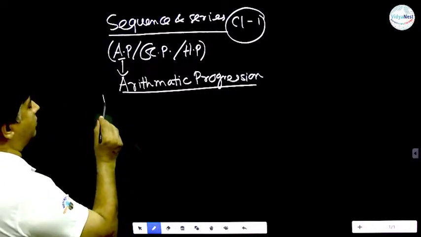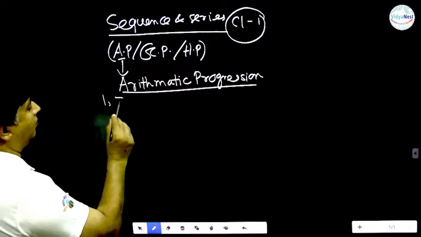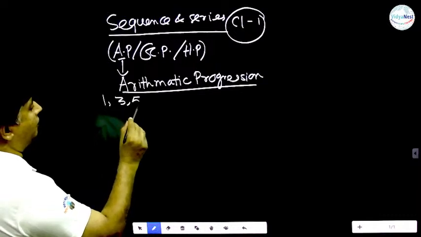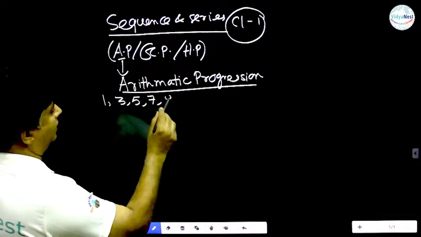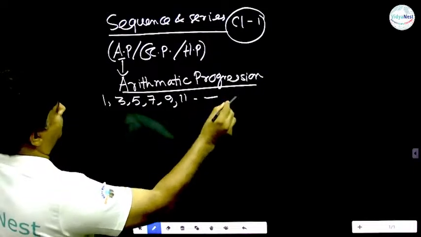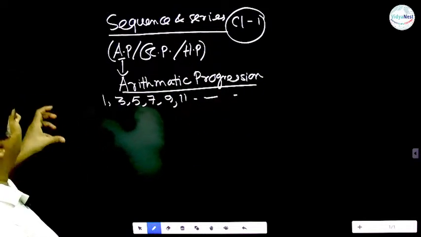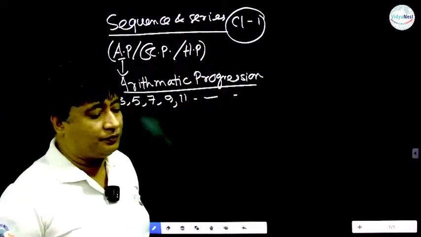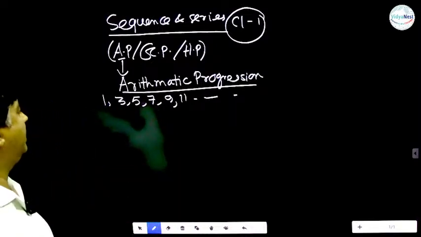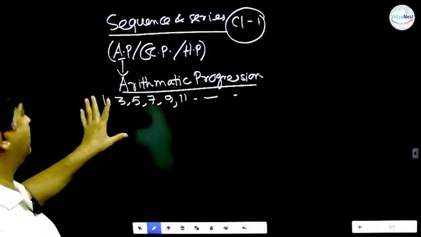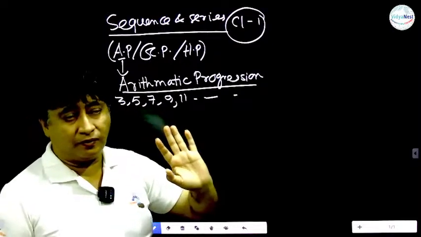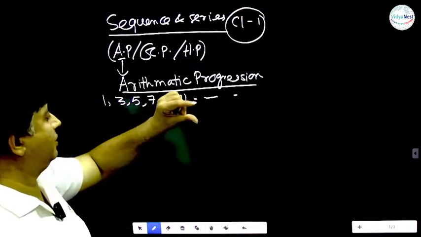If you get numbers like 1, 3, 5, 7, 9, 11, such type of numbers will form a series in ascending order, and they have a common difference of 2 between them. It is in increasing order.